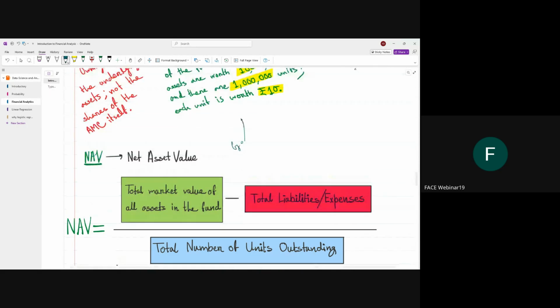They bought gold of say 1 lakh rupees, and then after 5 years it got inflated.